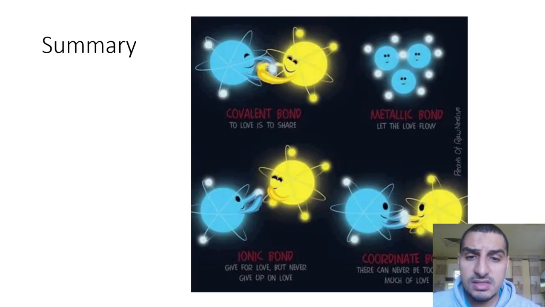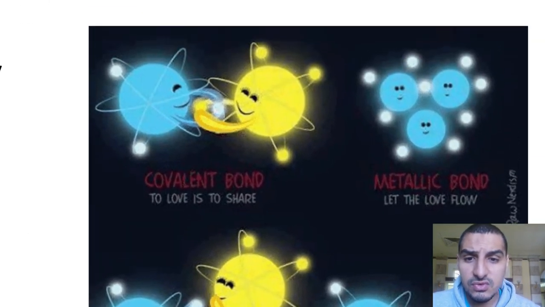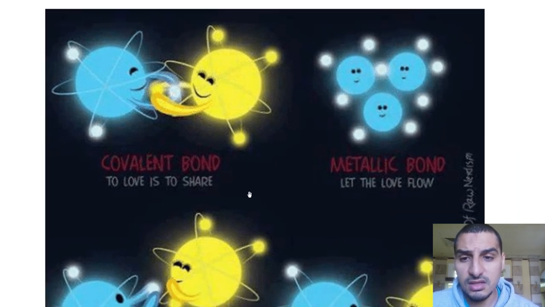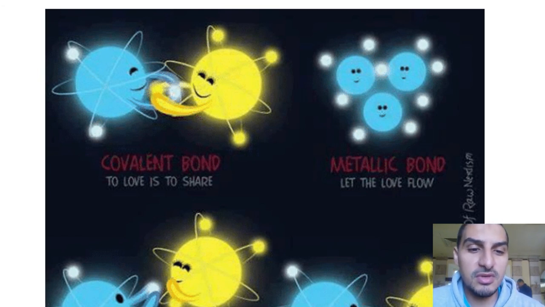So finally, I found this very nice photo. It is showing the difference between the bonds. It says for the covalent bond, to love is to share. So they are sharing the electrons, one from here and one from there. For the metallic bond, to love is to let the love flow. So they are expressing the electrons by the word love.